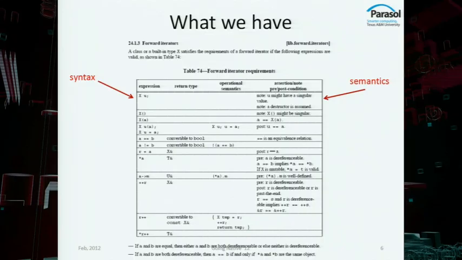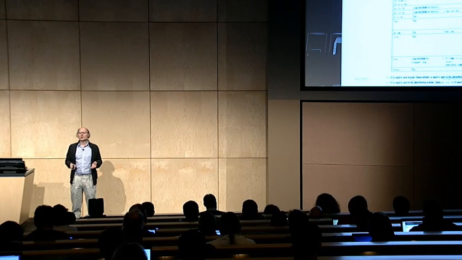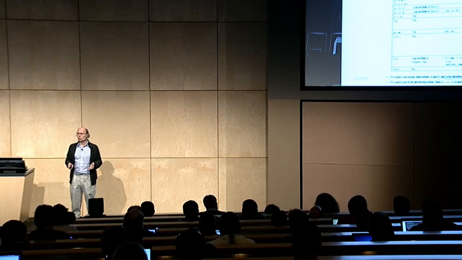For the standard, we specify these requirements, and there's two kinds of requirements. What kind of operations are there, and what should those operations do? In other words, syntax and semantics. And a lot of the problem we're dealing with here is very simple, that compilers don't read requirements tables.